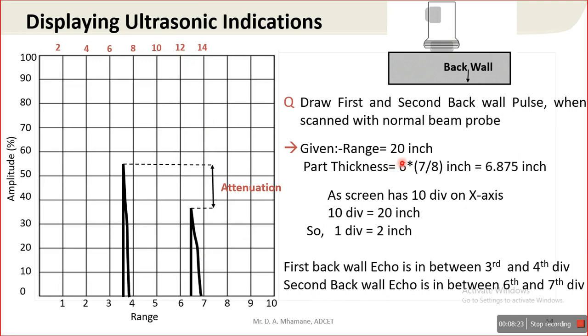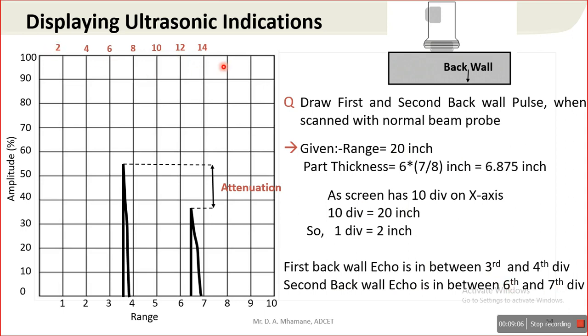So as range is 20 inch and part thickness is 6.875, this is the calculation, or this is the value of one division. As the screen has 10 divisions on the x-axis, 10 divisions equal 20 inch because the range is 20 inch. So value of a single division is 2 inch, and in relation with the value of a single division and the part thickness, we conclude that first back wall echo comes between third and fourth division, and second back wall echo comes between sixth and seventh division.